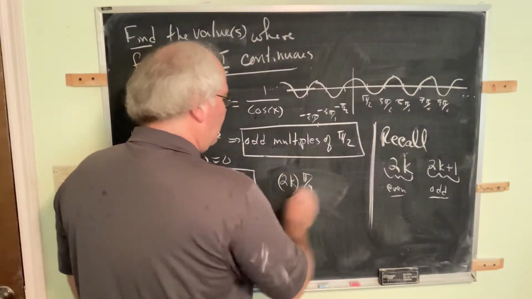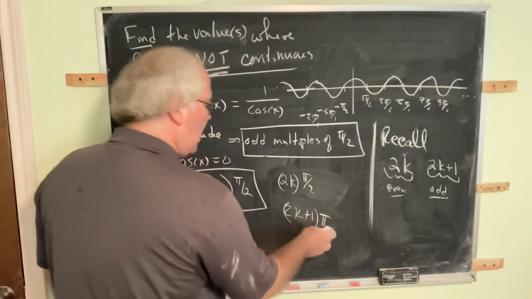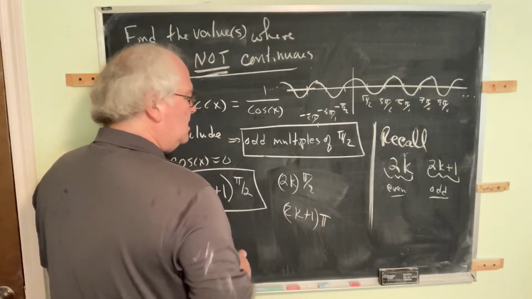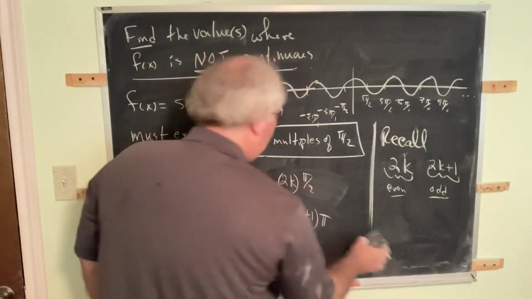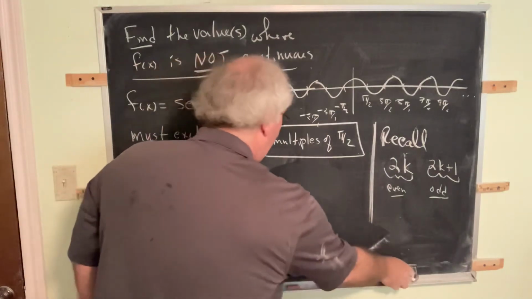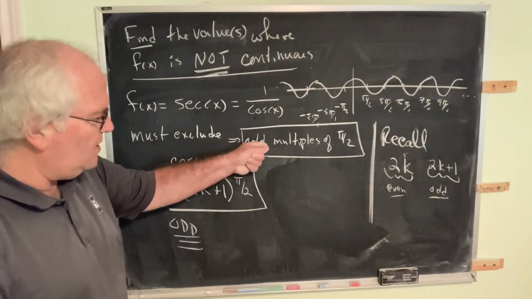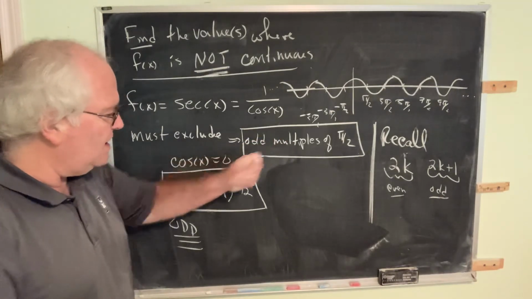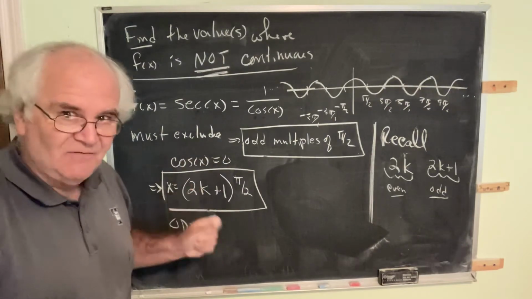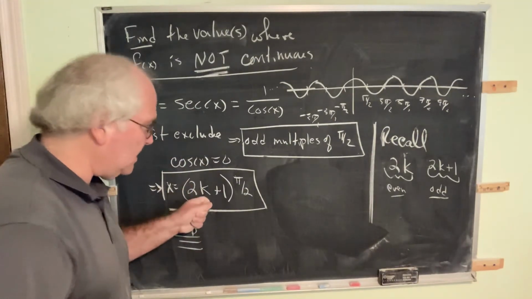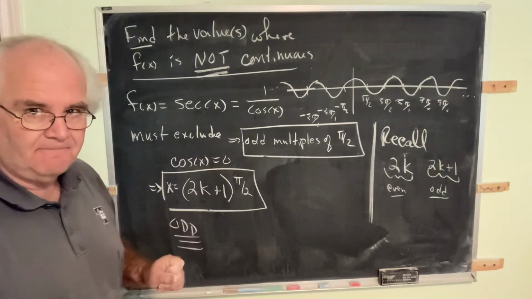If I want odd multiples of pi, 2k plus 1 times pi. So you may state it with words, it may be stated with symbols, but you should understand that those are equivalent, and you should be able to freely translate between these two. If you have this and the answer sheet has this, you need to recognize they're the same thing, and vice versa.